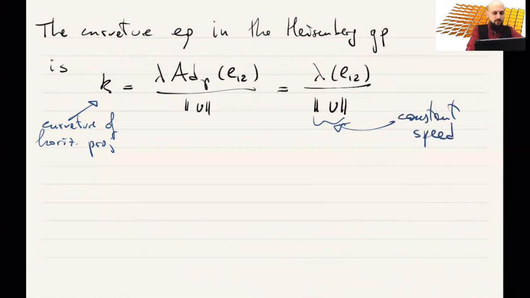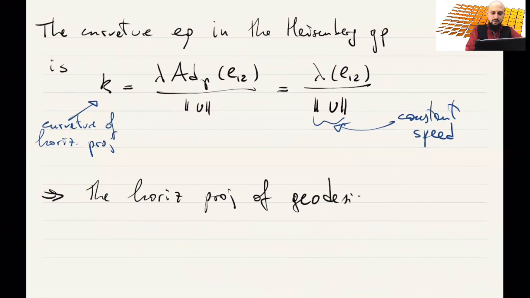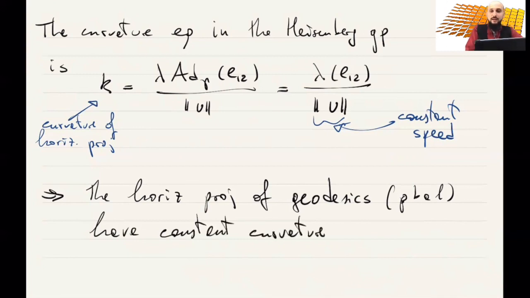Okay, so what we understand is that the conclusion is that the horizontal projection of geodesics parameterized by multiple of arc length, and so parameterized by arc length, have constant curvature, and the planar curves with constant curvature are circles or lines.